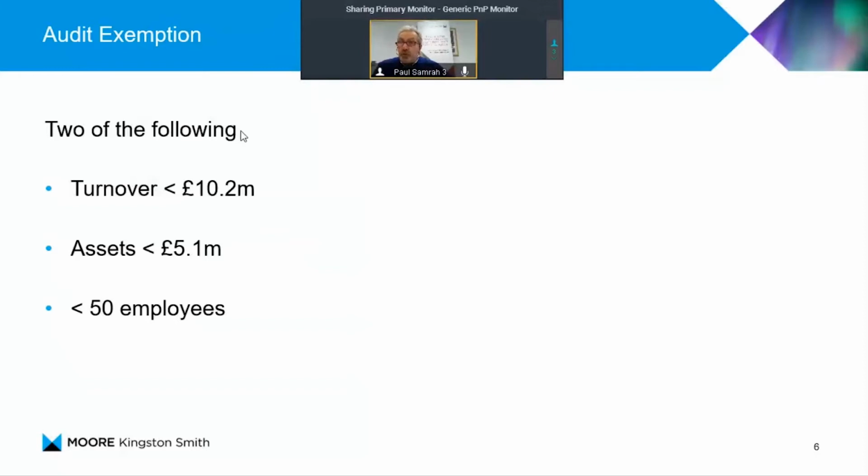Now, an audit, what is an audit? An audit is an independent examination of the company's accounts to support the report that would normally say the accounts give a true and fair view.